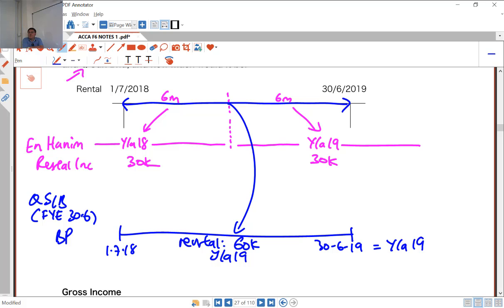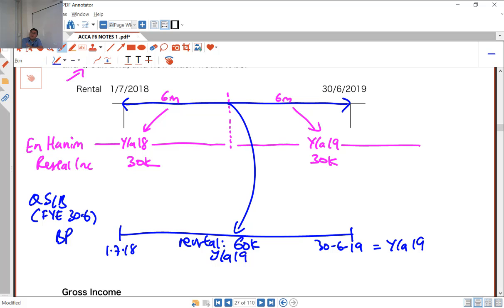And the company will do what? They can change their year end. We don't study this in F6, but this is something that companies are allowed to do. And what would changing year end do for you?